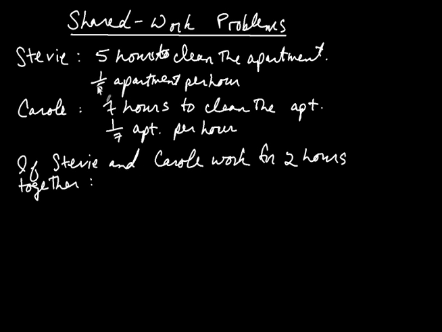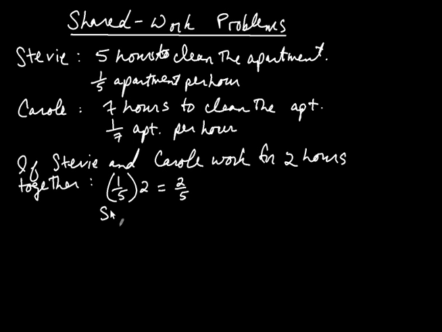Well, he's cleaning at a rate of 1/5 of the apartment per hour. So he's cleaned 1/5 times 2, because he's worked for 2 hours. So Stevie's cleaned 2/5 of the apartment.